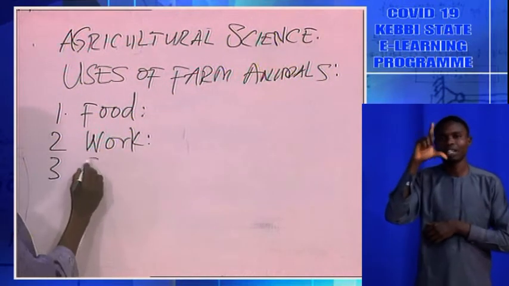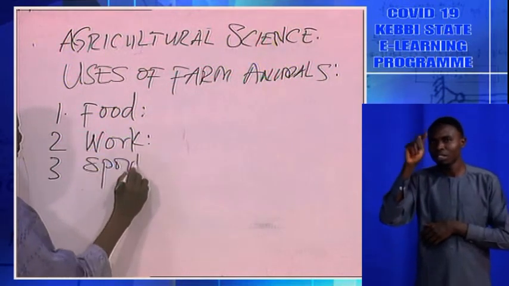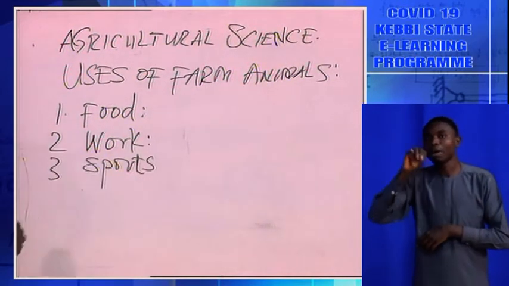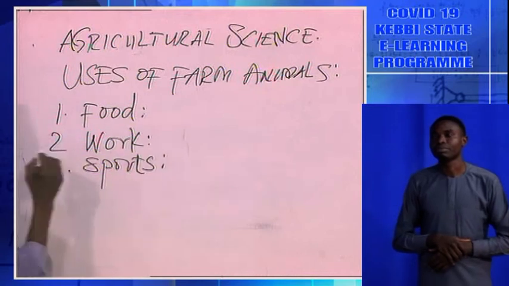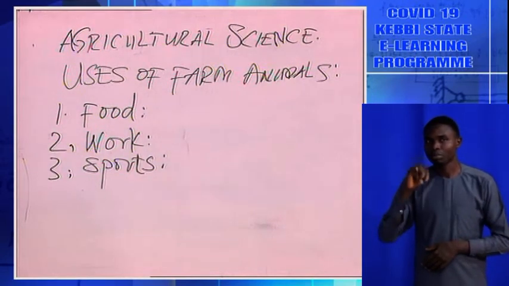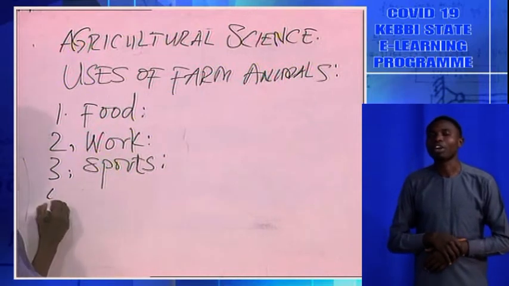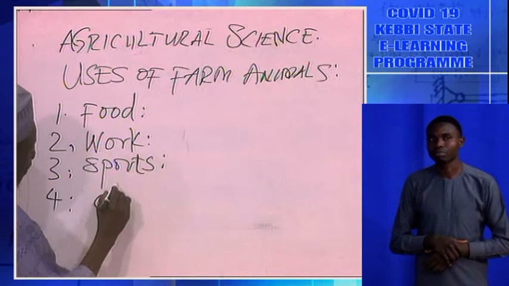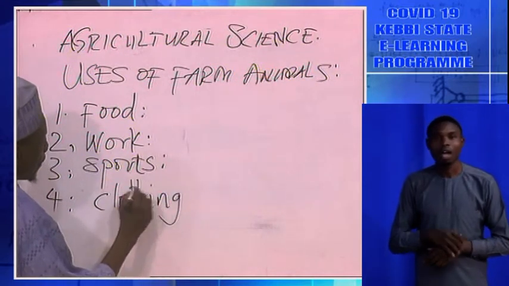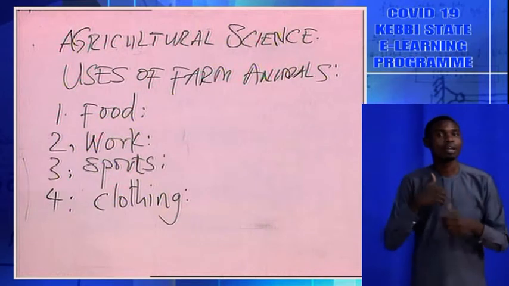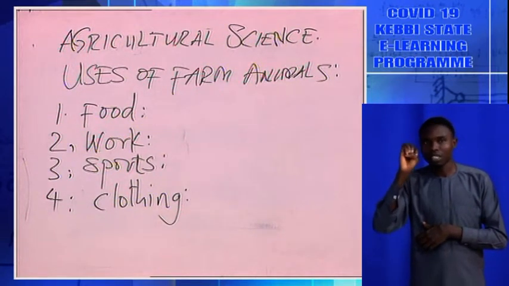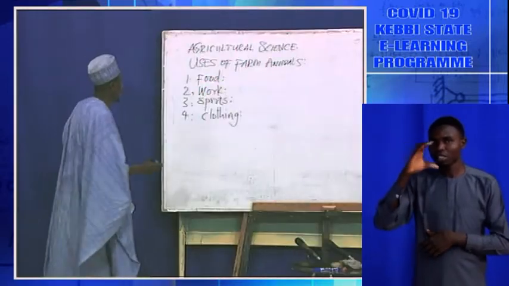Number three, sports. Number four, clothing. We shall see how they are important in clothing. What again? Sources of organic matter.